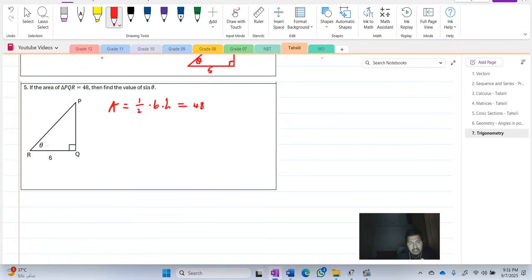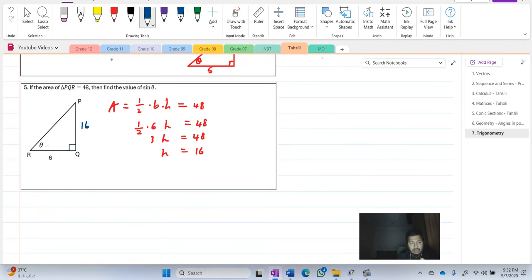So we know the base is 6, so half of 6 times h is equal to 48. Half of 6 is 3, so 3h is equal to 48. So h is clearly 16. H does not mean the hypotenuse, h means the height of the triangle. So we know this distance PQ is 16.